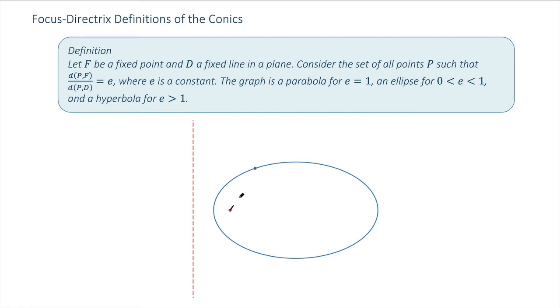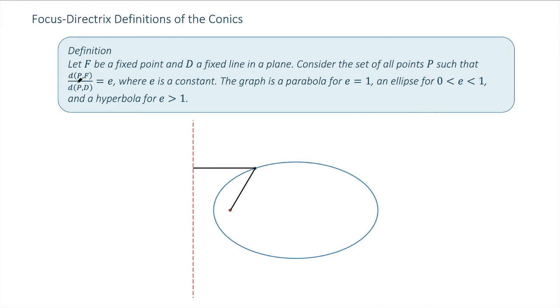And what we're saying is this distance here from that focus to any point, and the distance from that point to the directrix, if you divide them, the distance from the point to the focus over the distance from the point to the directrix, you'll always get the same number. So that ratio is what is constant.